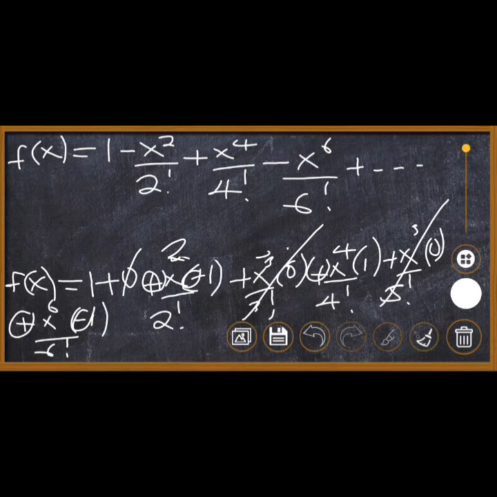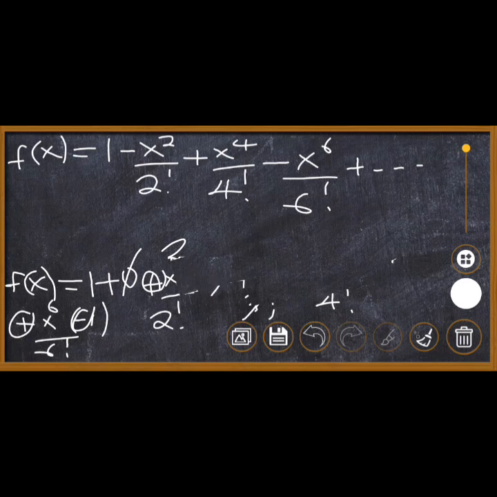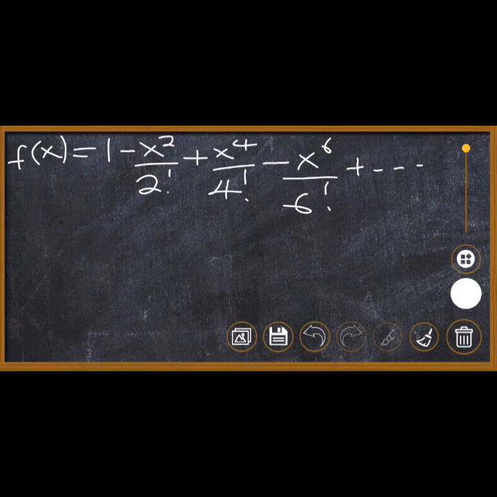So let's simplify further. Let's work out the factorials that we have down there on the denominators. We are going to have the function f of x equal to 1 minus x squared over, what is the second factorial? When you write 2 factorial on your calculator, you're going to have 2. The factorial simply means you are multiplying with the lesser values up to 1.